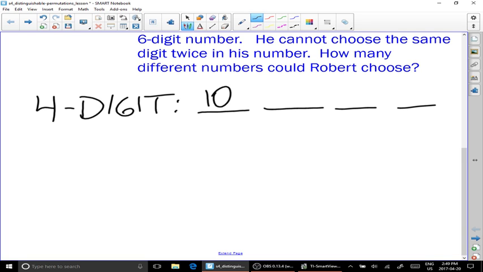How many ways could he choose the second digit of his 4-digit number? 9. How many ways can Robert pick the third digit of his 4-digit number? 8. And how many ways could Robert pick the fourth digit in his 4-digit number? 7.